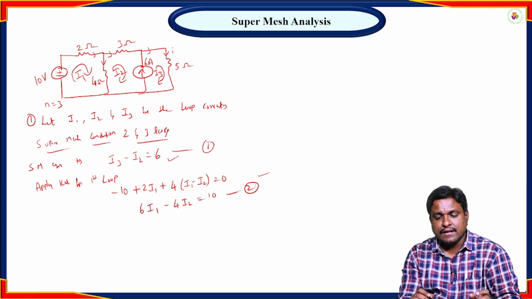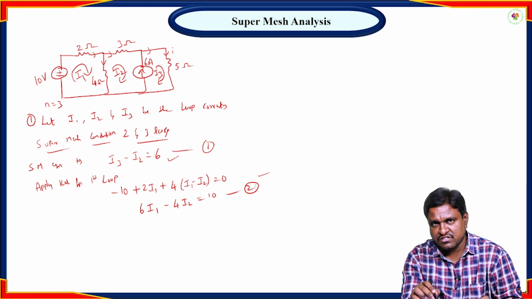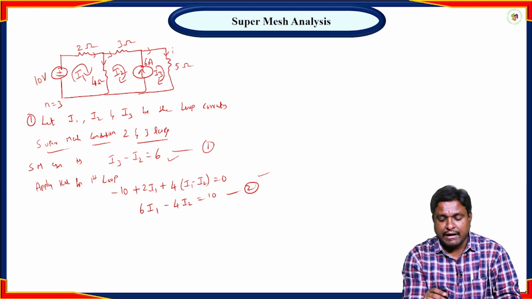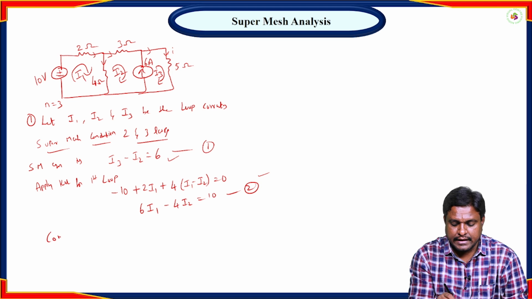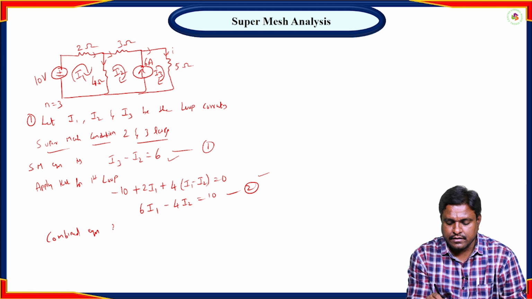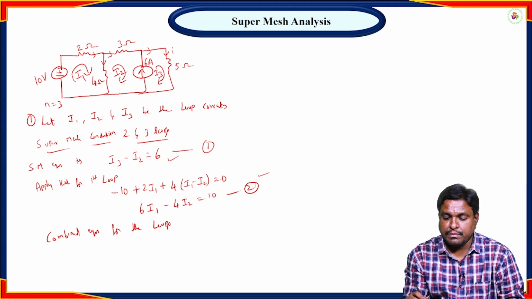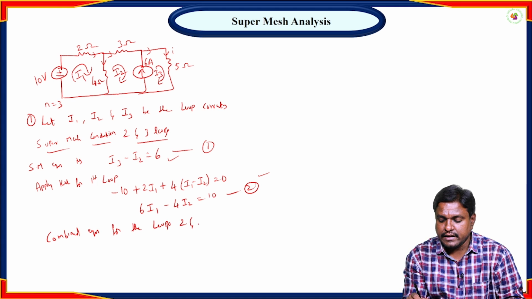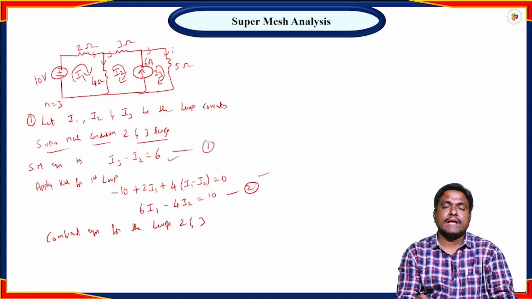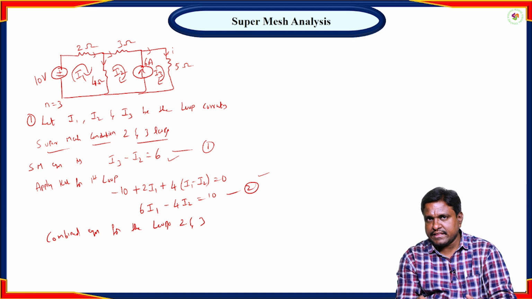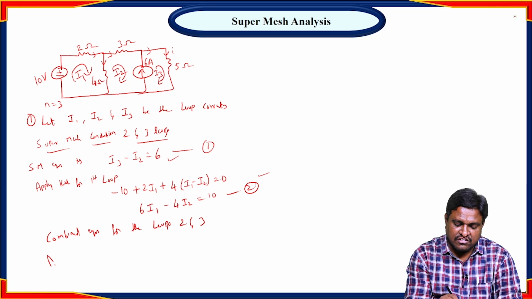Here we can see that loops 2 and 3 are under super mesh condition. For the loops which are under super mesh, we have to write the combined equation, which are 2 and 3. So how to write the combined equation? While writing it, we have to keep in mind that we apply Kirchhoff voltage law.